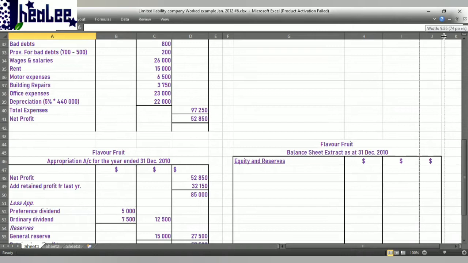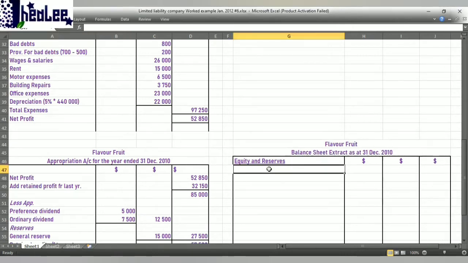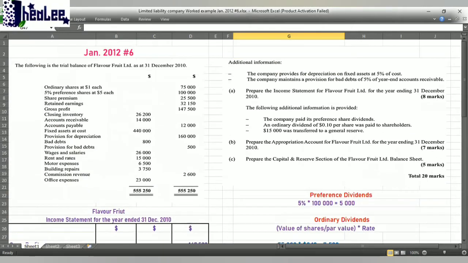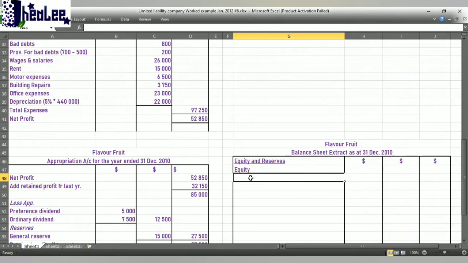So in doing your reserves section, you pick up your share capital. And based on the question, we have ordinary share capital and we have preference share capital, right? So therefore, we're going to start with our equity. And the equity, we have ordinary share capital, right?